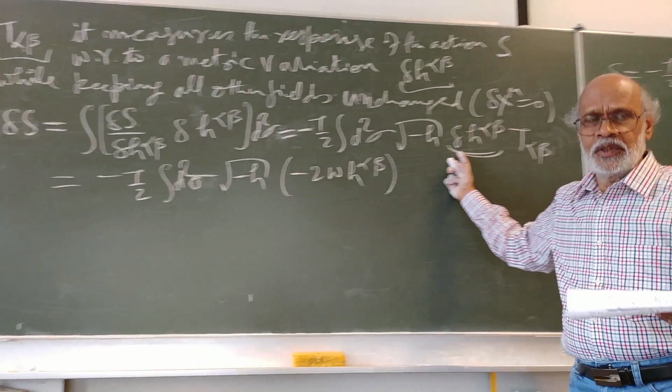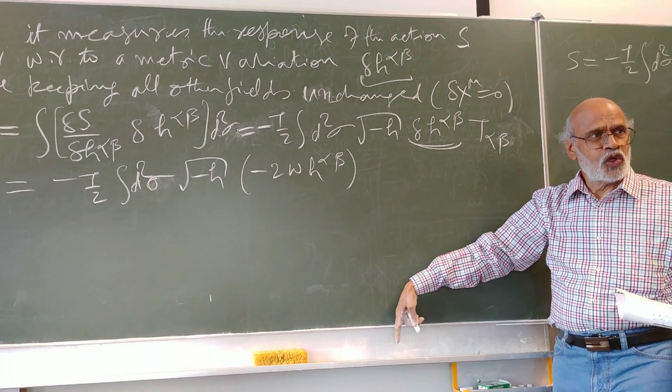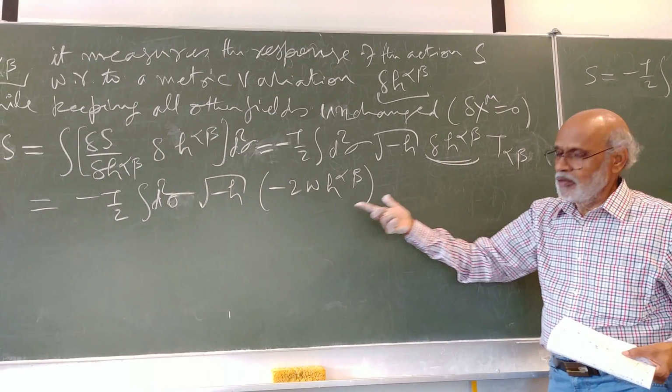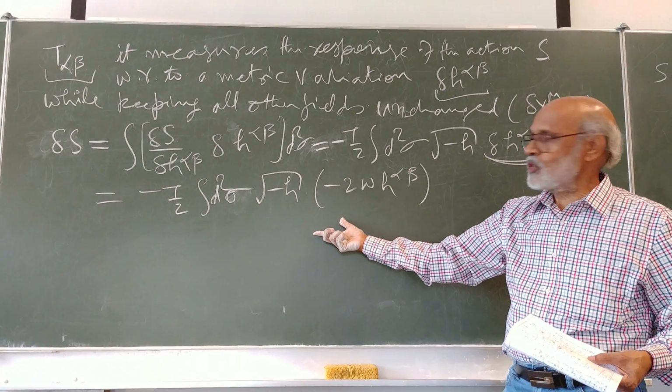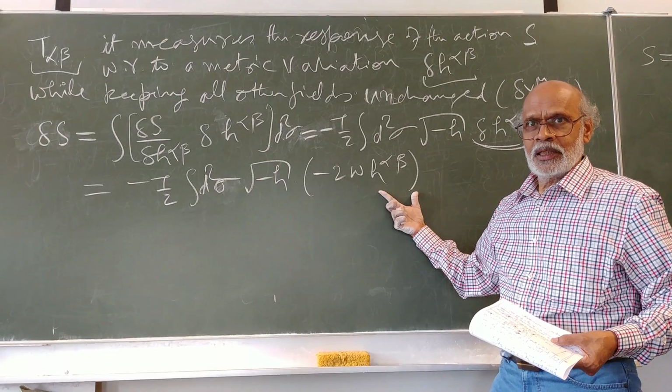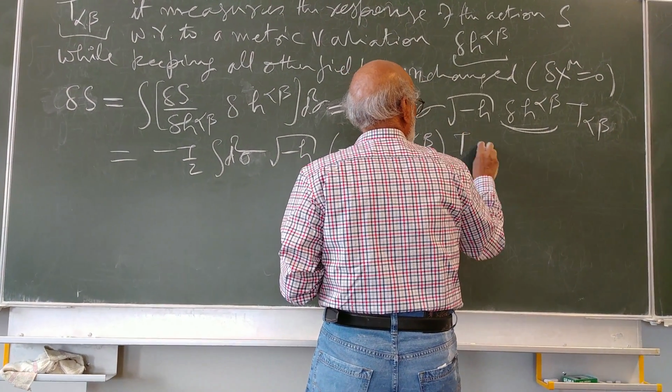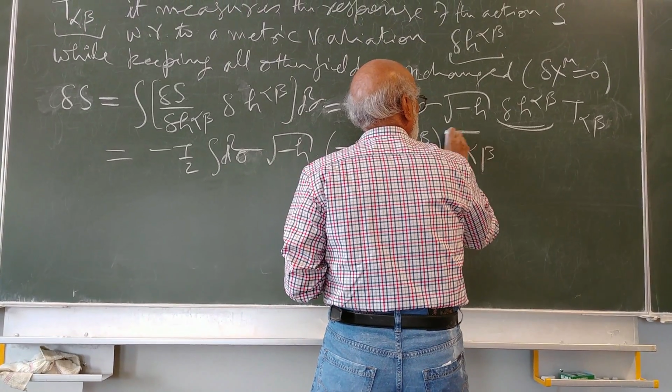We derived it a short while ago: delta h alpha beta under the Weyl transformations goes to this, correct? And this times T alpha beta.